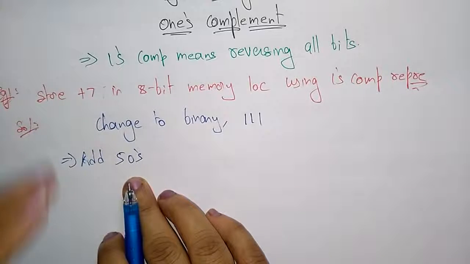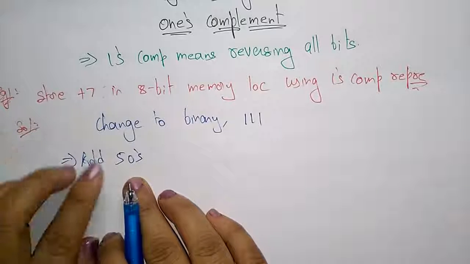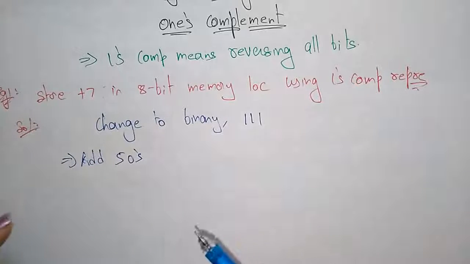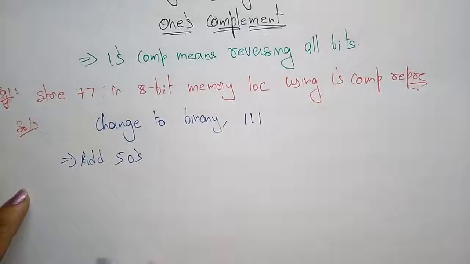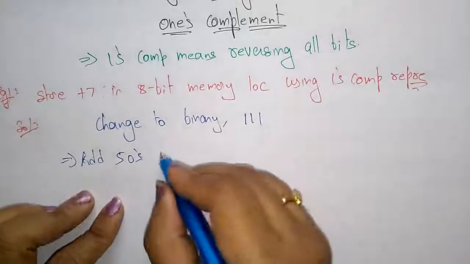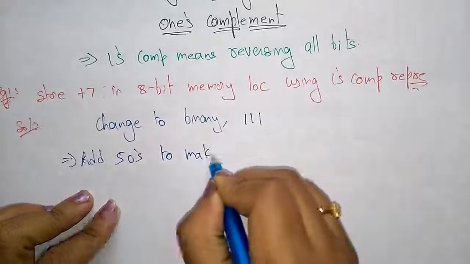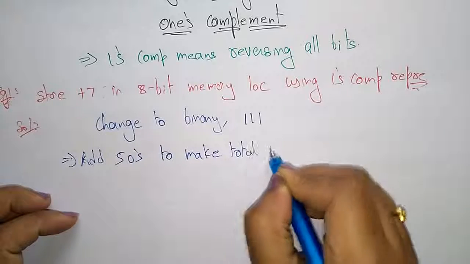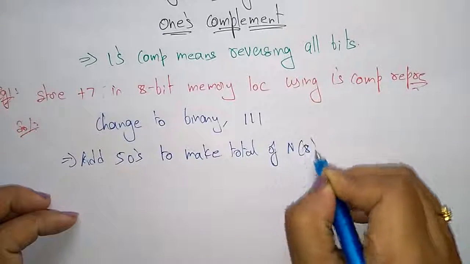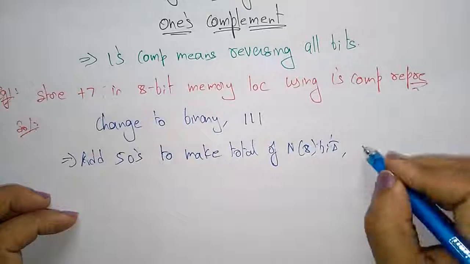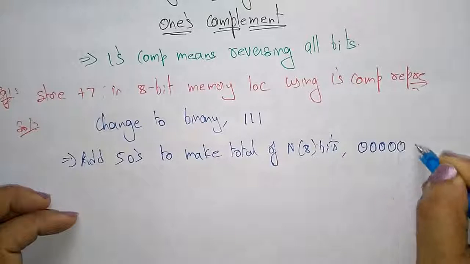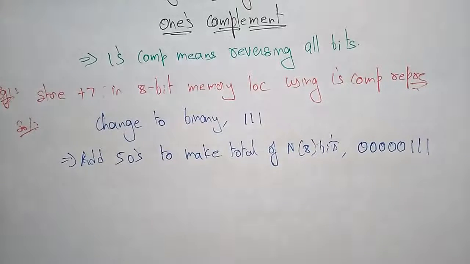If it is minus, it is 1. That's why I added only 4 zeros there. But here I am adding 5 zeros to make a total of 8 bits: 1, 2, 3, 4, 5, 6, 7, 8.